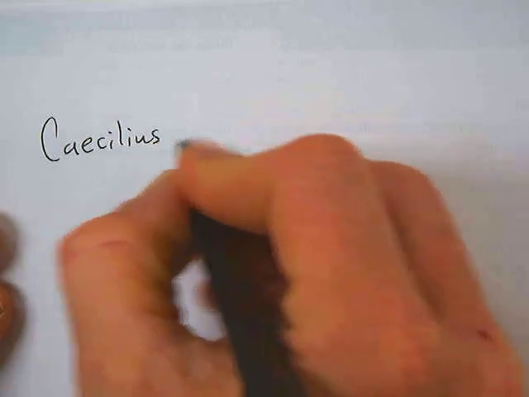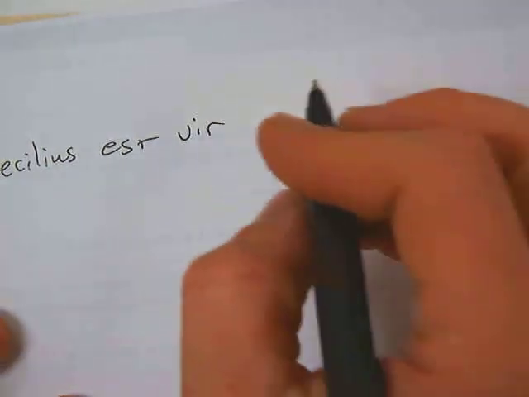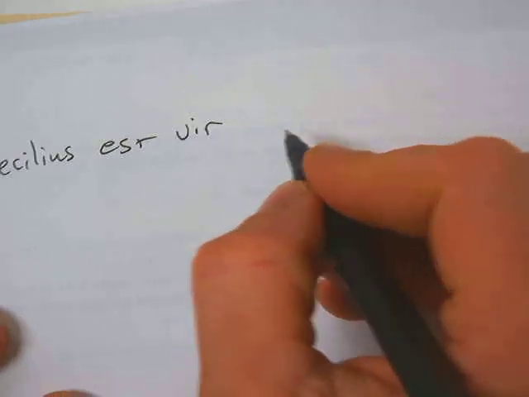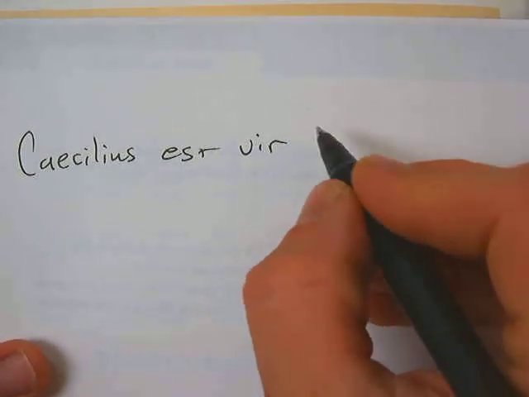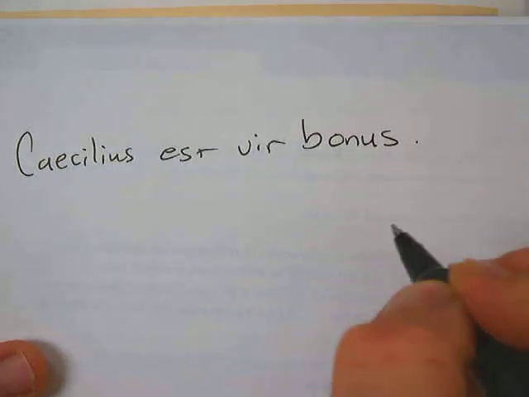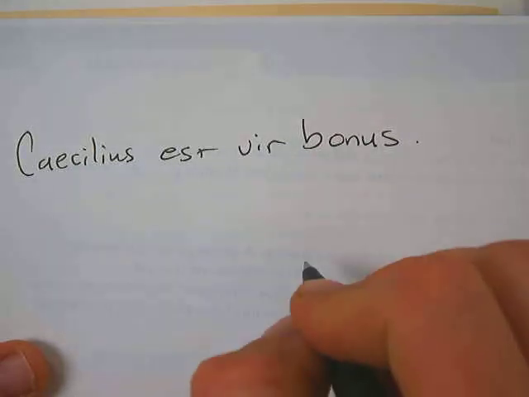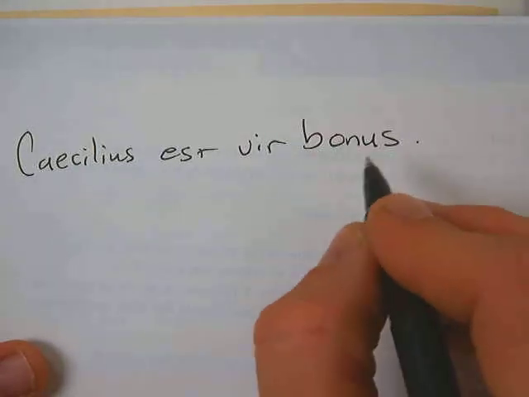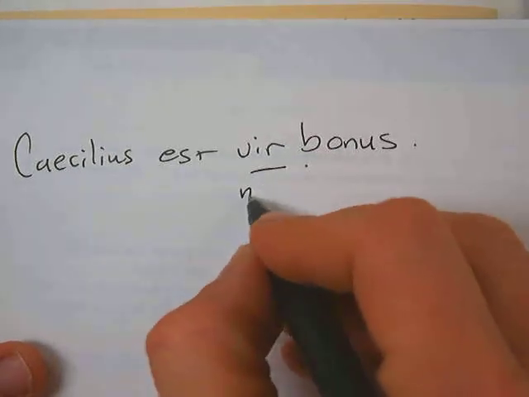So if you want to say Caecilius est vir, Caecilius is a man, and you want to talk about what kind of a man he is, he's a good man, then you would say he's a vir bonus. You've got to say bonus. You can't say bona, because that would be feminine. You can't say bonum, because that would be accusative.